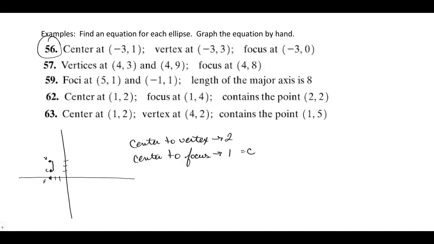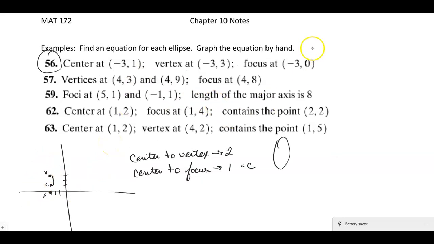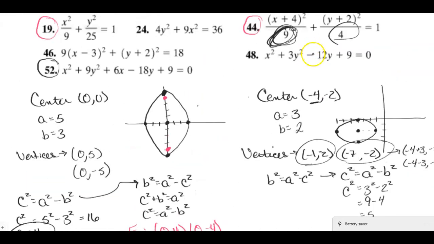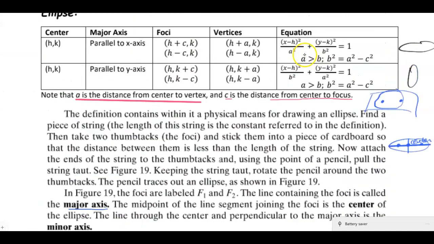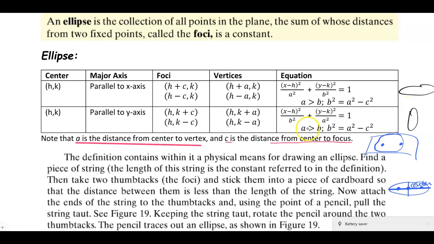Okay, so that's our C value. Now, we also know that this guy's going to open this way. So we know the format. So our format is going to be this guy right here.